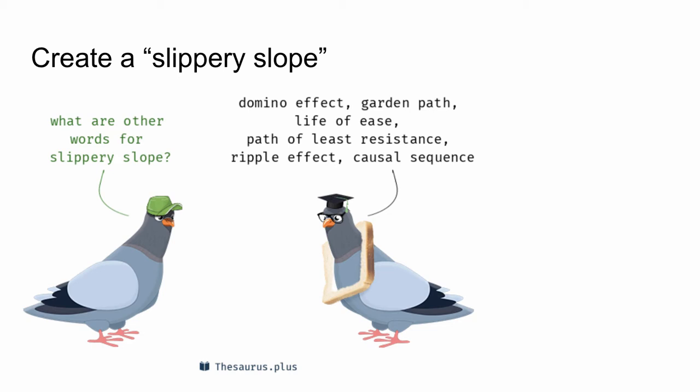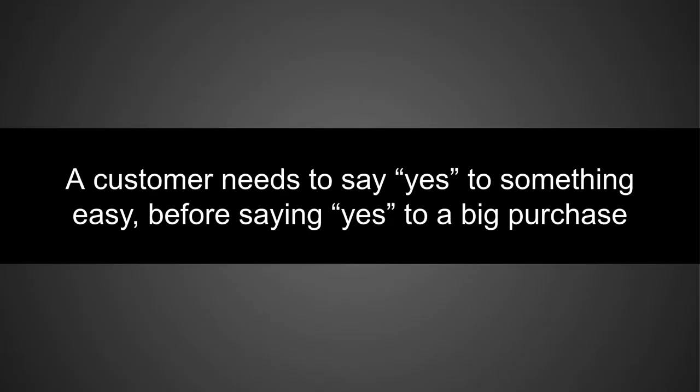I don't know what's up with this comic, but this pigeon says, what are other words for slippery slope? And the other pigeon says domino effect, garden path, life of ease, path of least resistance, ripple effect, causal sequence. So the natural next step, if you provide value to people, is for them to keep buying from you. So you're going to create a really irresistible, easy to say yes to offer before asking for that big purchase.